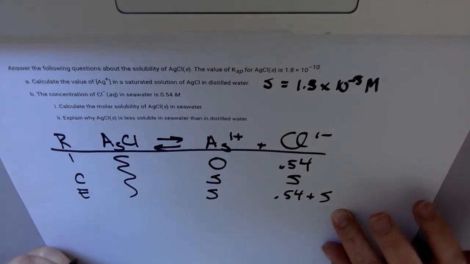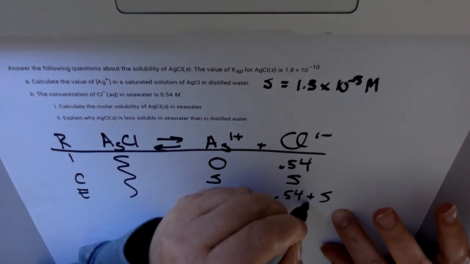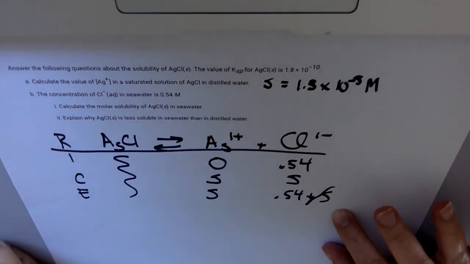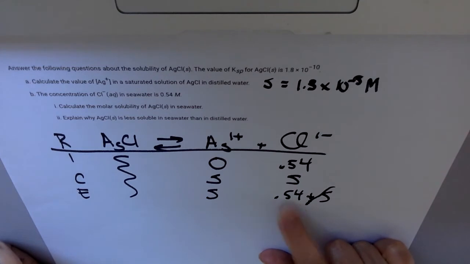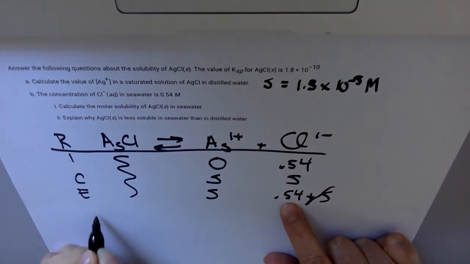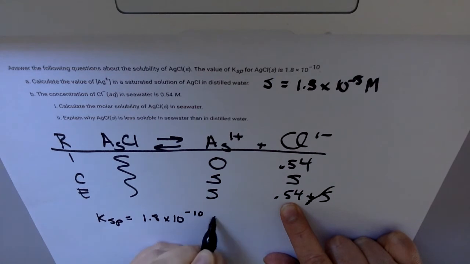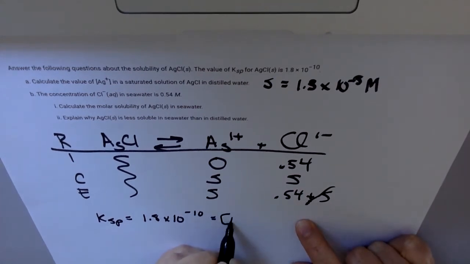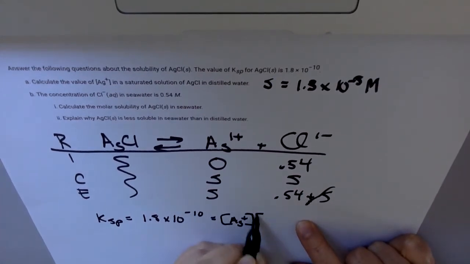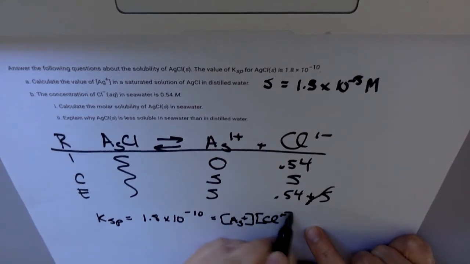Now, we're going to use the small number approximation. Since we know that the solubility is very, very small, we are going to just negate this portion. And we're going to just assume that the chloride concentration is very, very close to 0.54. So then when we write the KSP, which is equal to 1.8 times 10 to the negative 10th, it's going to equal the silver times the chloride.